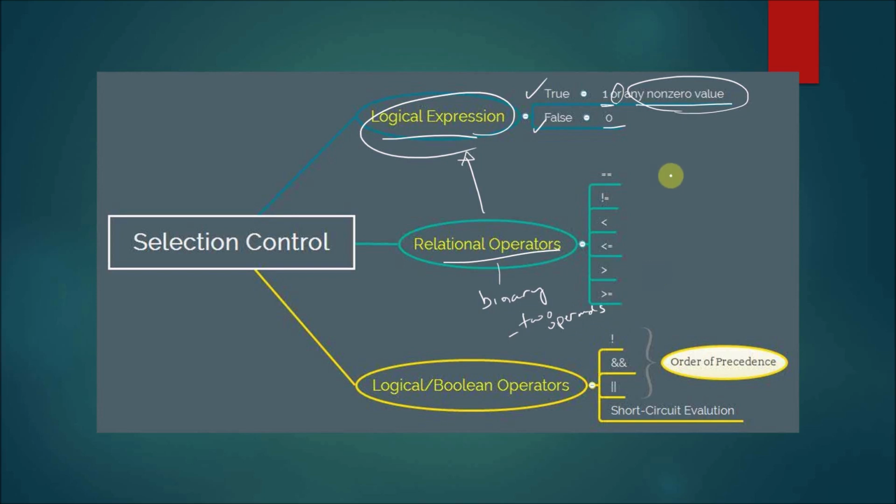For instance, 1 less than 2: 1 and 2 are our operands, less than is our binary operator, our relational operator. In this case, this evaluates to true. 1 is less than 2. Some of our relational operators are equal to, not equal to, less than or equal to, greater than or equal to.